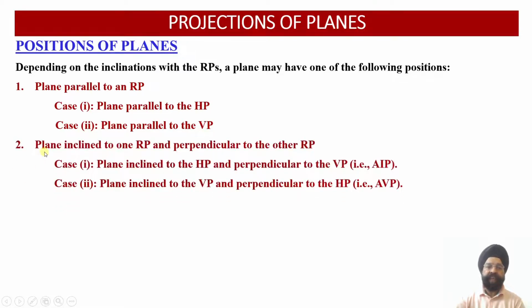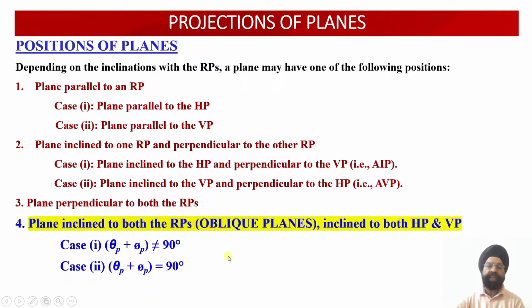The second case was when the plane is inclined to one of the reference planes and perpendicular to the other. The third case was the plane perpendicular to both the reference planes, that is, the horizontal plane and the vertical plane.